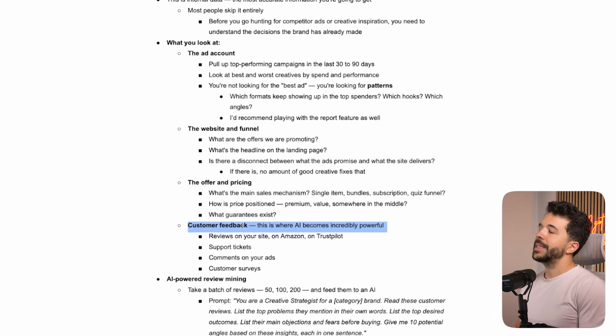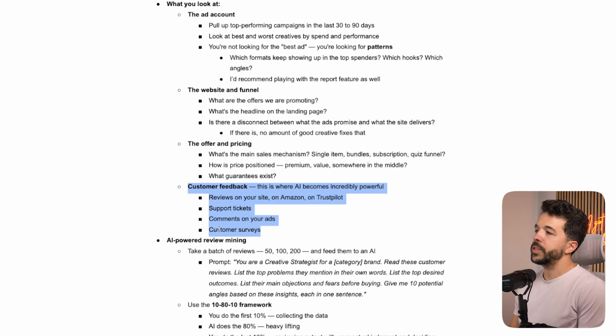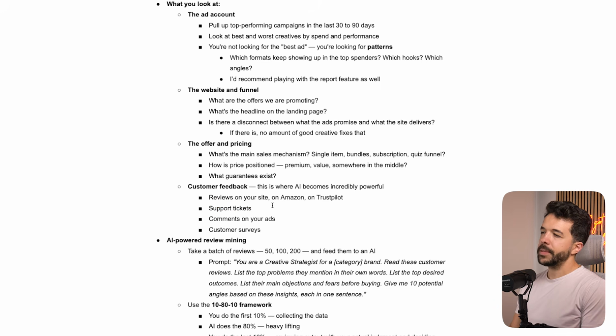Then another thing that tends to work really well is customer feedback. Reviews are on your website, on Amazon, on Trustpilot. You have a bunch of emails you've gotten from clients. You have support tickets, comments on your ads, customer service. I usually put this on the last level of the first step, simply because customer feedback is great, but it's not usually where I find innovation for my ads.